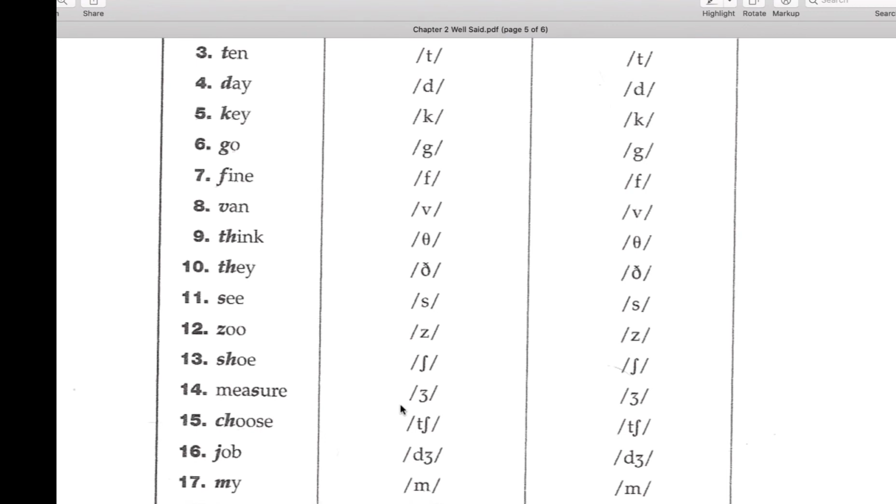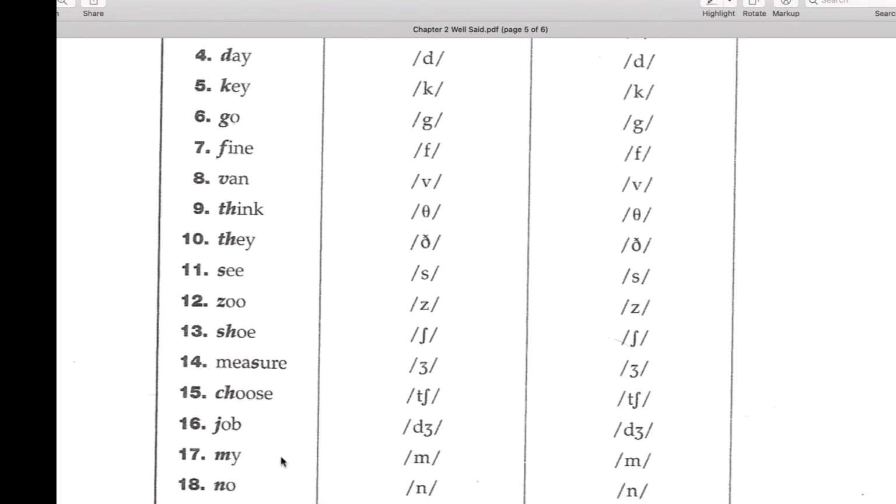You see how that works? So now anytime you want a zh, like genre, measure, pleasure, treasure, that's going to be the very fancy Z, as I call it.